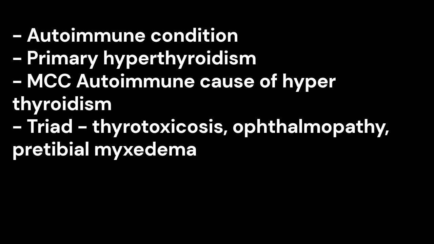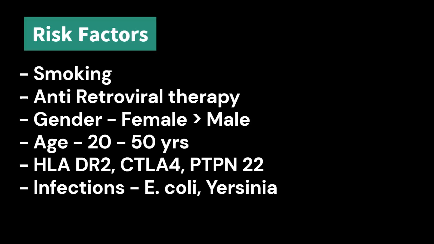This is the triad. The risk factors will include smoking, somebody who's taking antiretroviral therapy for HIV. Then, if we talk about the gender, the female gender is more commonly affected than males, so females are a higher risk factor. The age group of 20 to 50 years is most commonly involved.